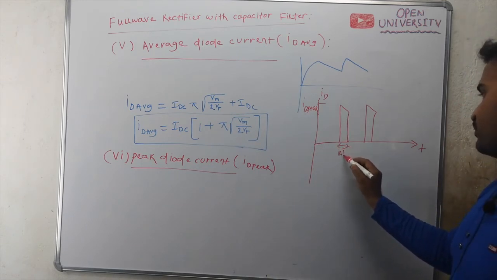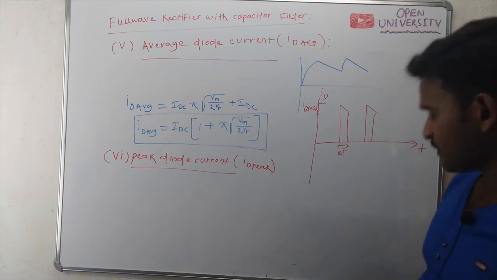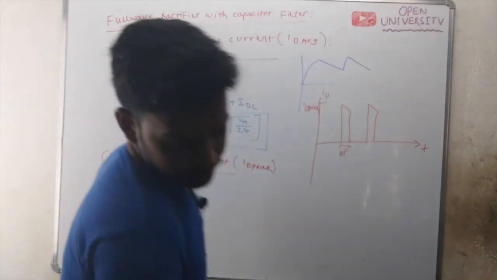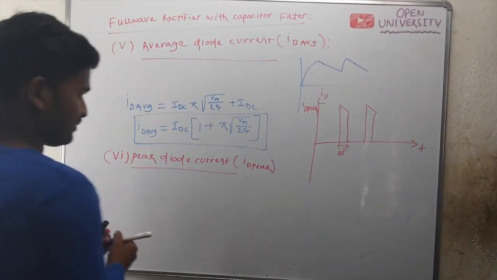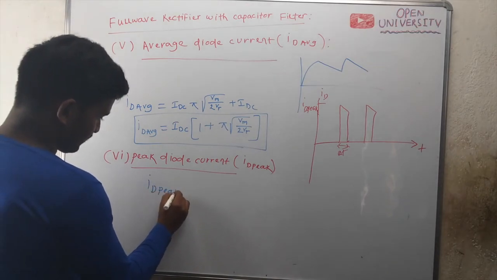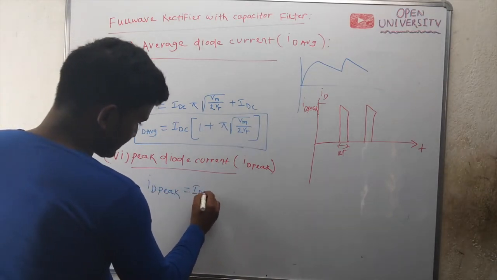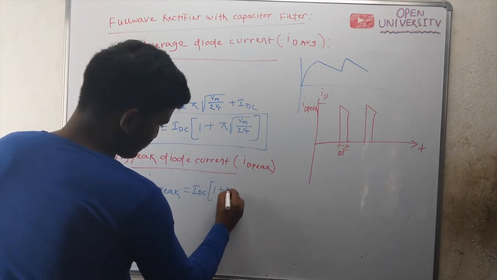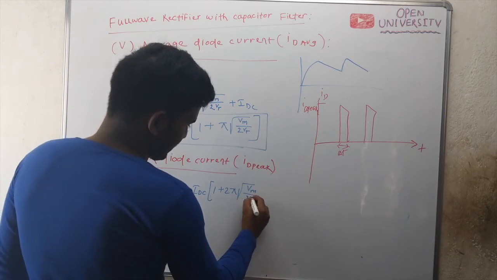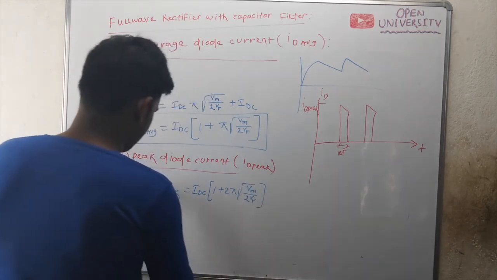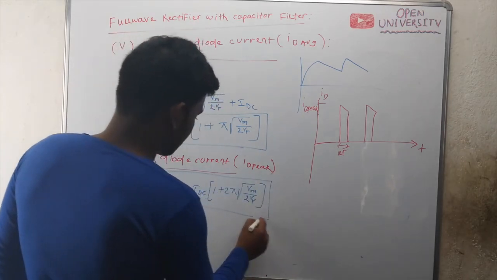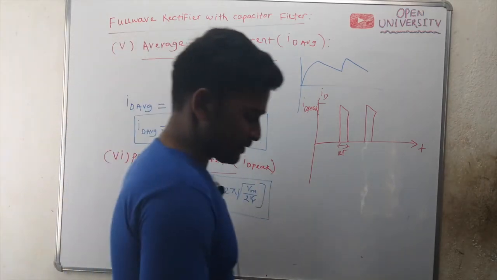And this ID peak will flow when capacitor will charge. So what is the formula for ID peak? ID peak equal to IDC into 1 plus 2 pi under root Vm by 2 VR. This is the formula for full wave rectifier with capacitor filter.